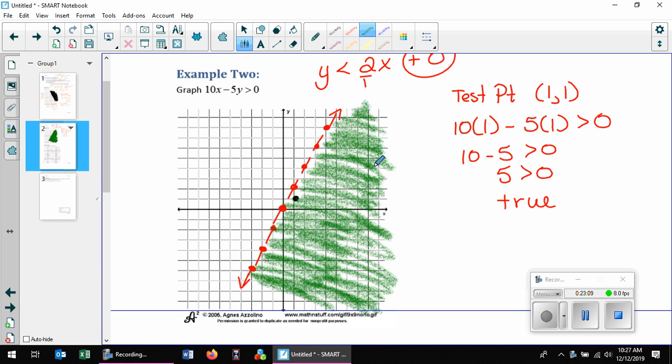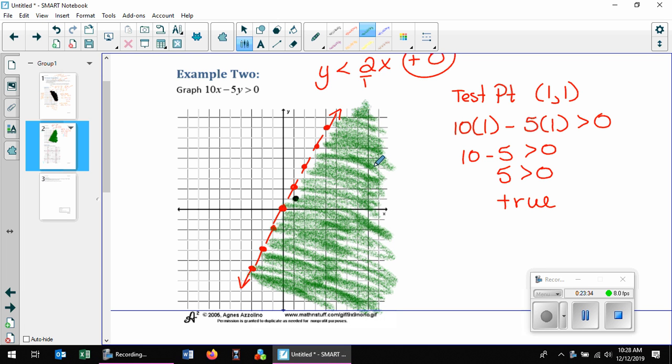Does that make sense to everybody? Because you can't have a point out here, because now you're saying everything is included on that point, which would be incorrect. We just happen to pick a test point inside the region, so it's okay that I leave it. But if I had picked a test point at -1, 1, I would have to erase it because it's not included in the solution.